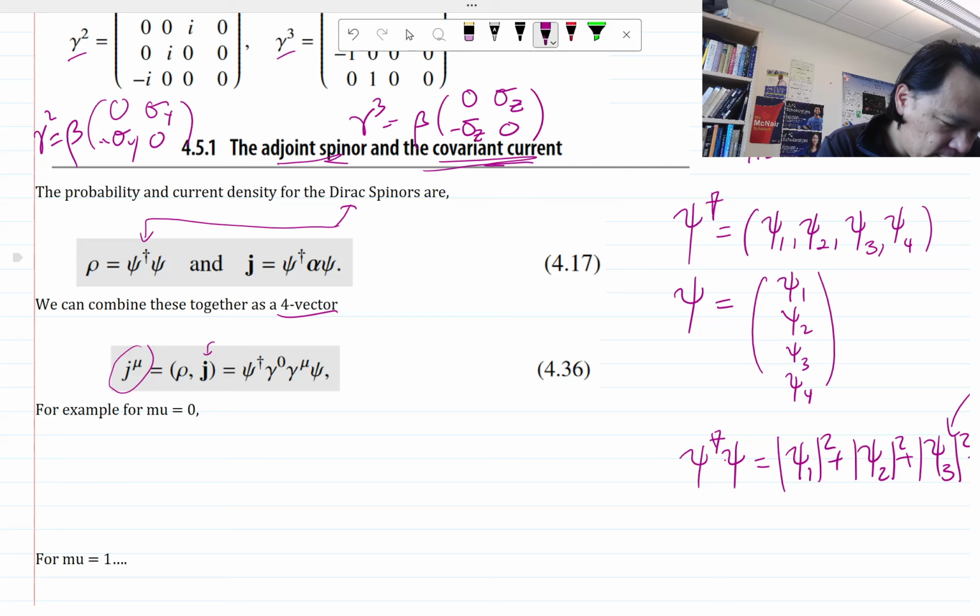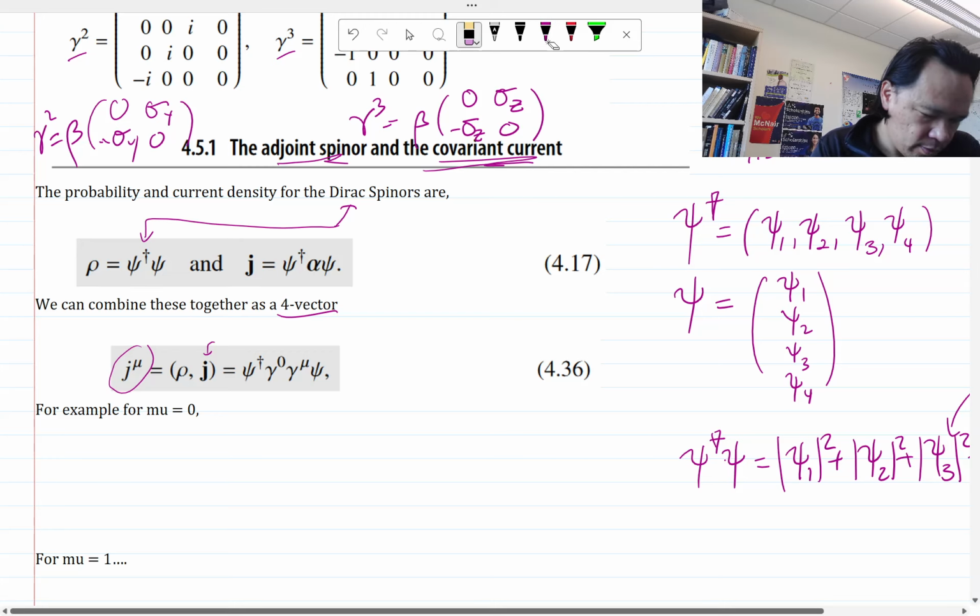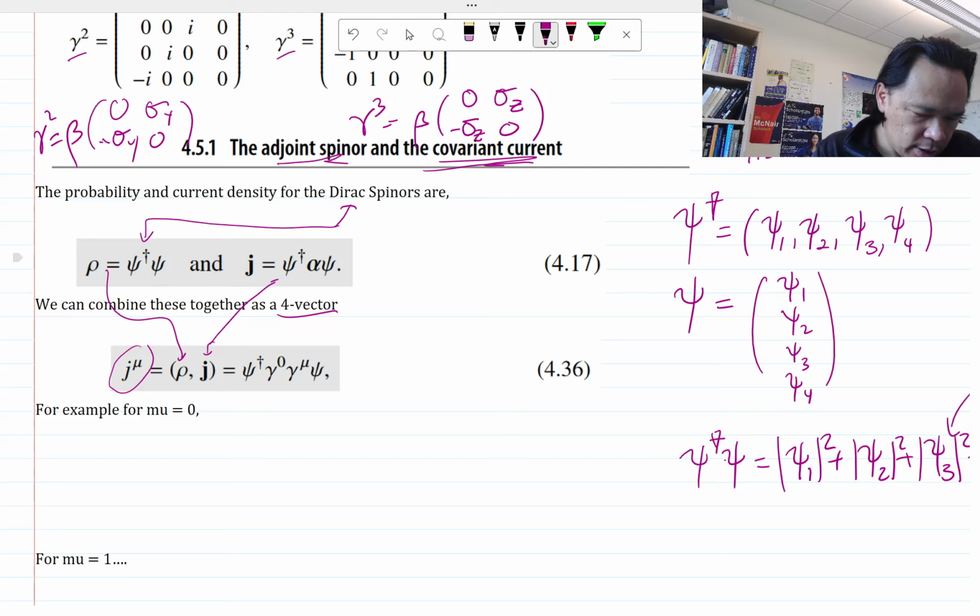And what makes sense here is that we're going to put rho, just the density here, and then the current, which is psi dagger alpha times the wave function psi. That's a 3-component spatial thing, so that's going to go in the spatial part of our 4-vector.